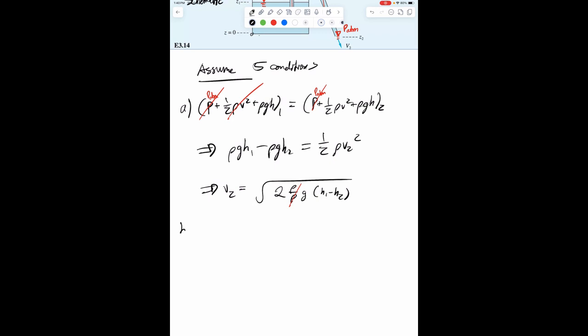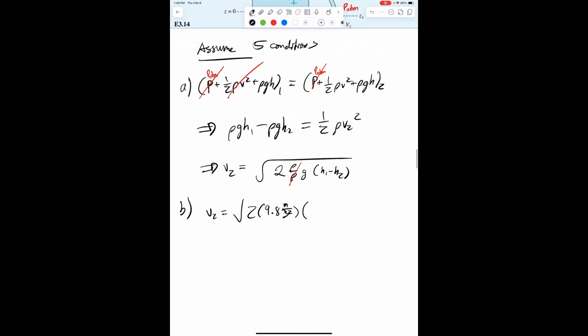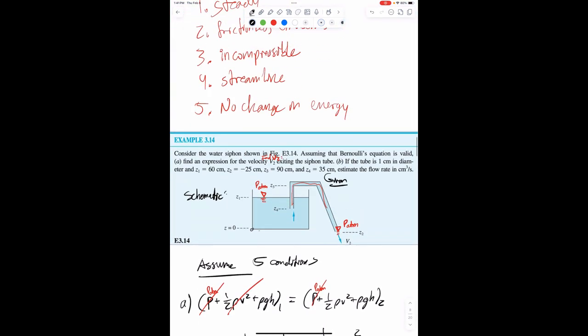Now I want to plug in values to solve for the volumetric flow rate that's exiting the straw. So V2 is equal to 2 times gravity, on Earth that's 9.8 meters per second squared, and we want the difference in height. We're given that at location 1 we're at 60 centimeters, 0.6 meters. And at location 2 we're told that we are at negative 25 centimeters.